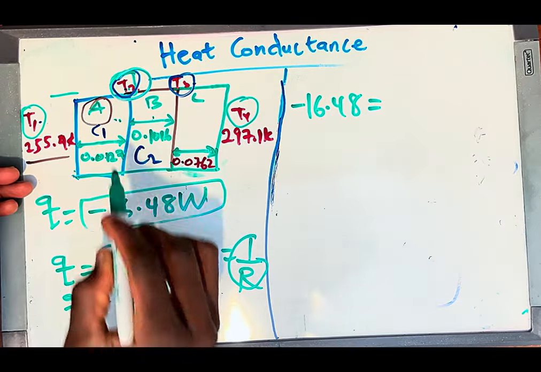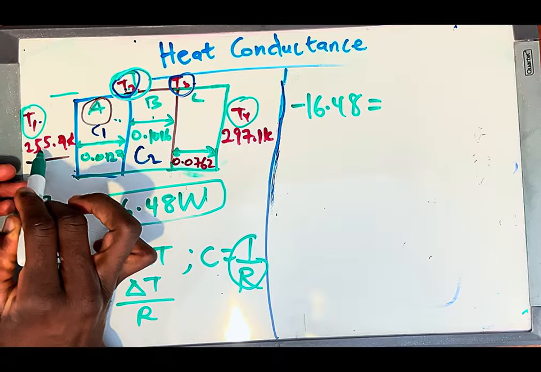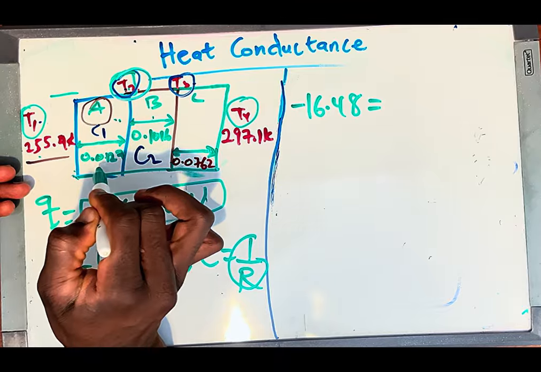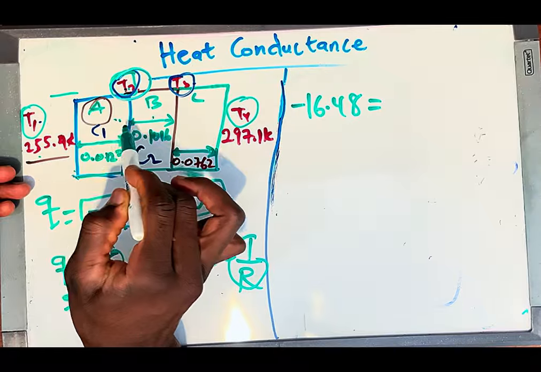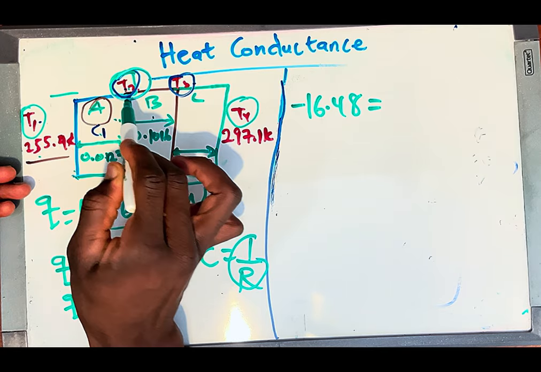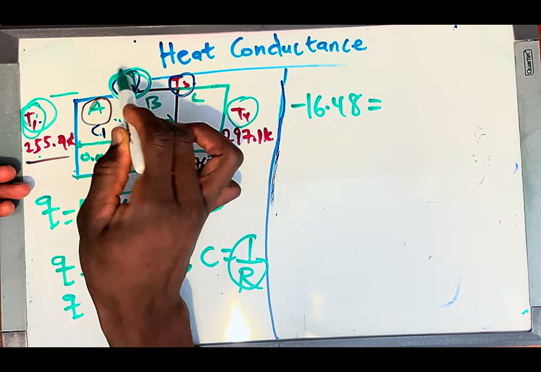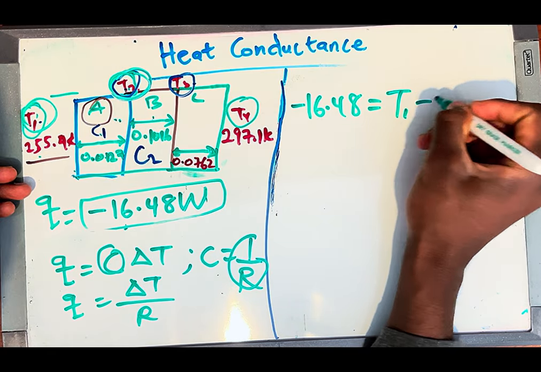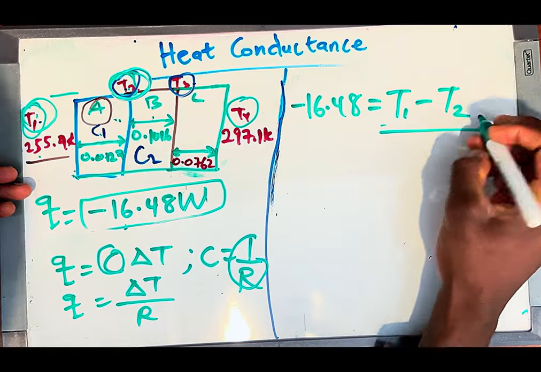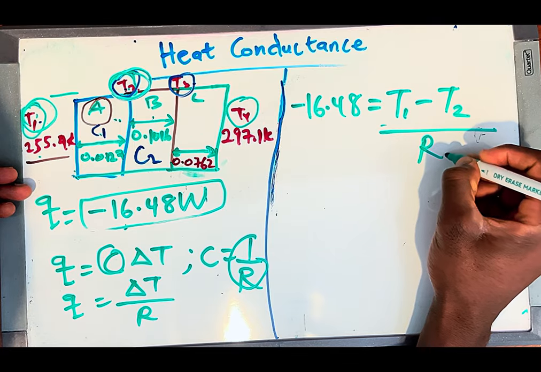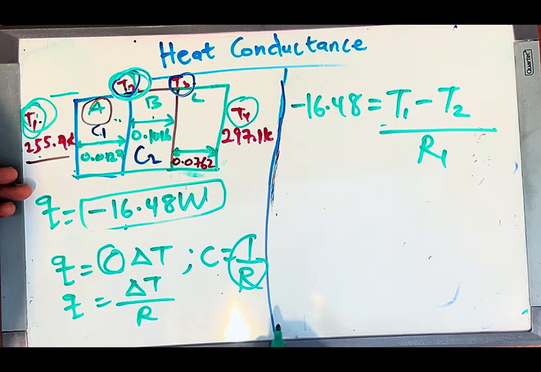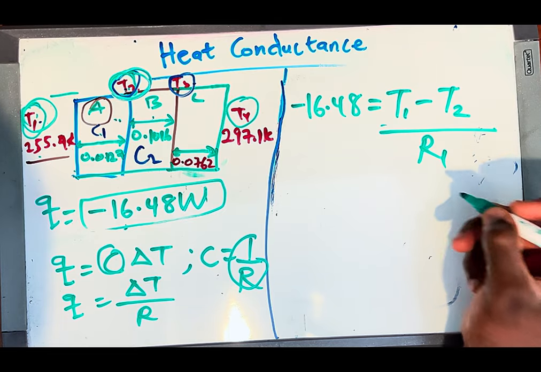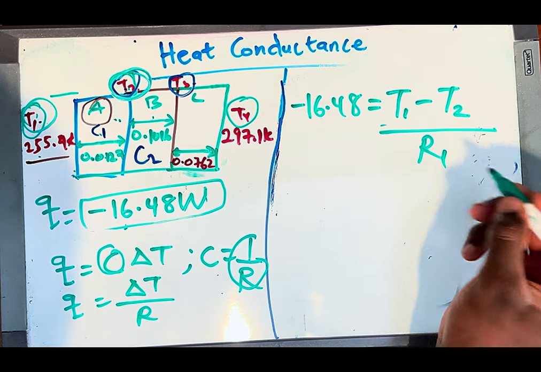We know Q to be equal to negative 16.48. And the change in temperature is the one that we are looking for, the one from the room and the one at the interface between the wood and then the cork board. So that is T1 minus T2, all over the resistance of the first material, resistance 1. When we worked out resistance 1, we had it to be equal to 0.0841. So let's fix it in.